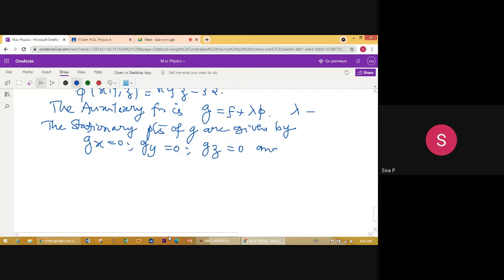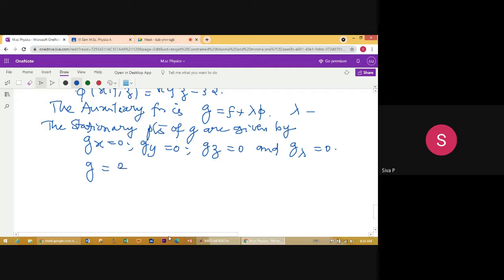As per the note, you take lambda also as a variable, that means g lambda equal to 0. So what equations will you get? What is g equal to f plus lambda phi?